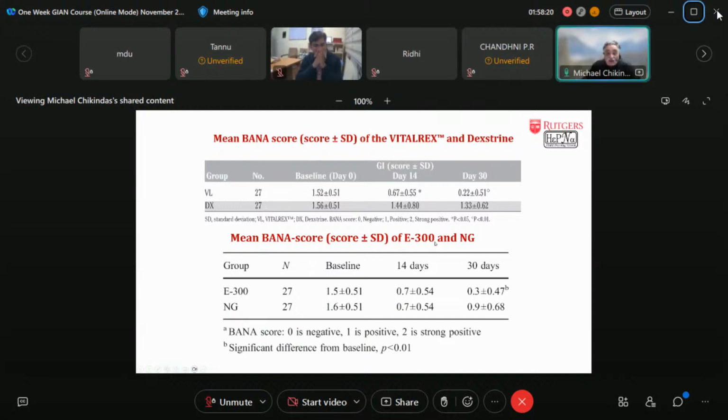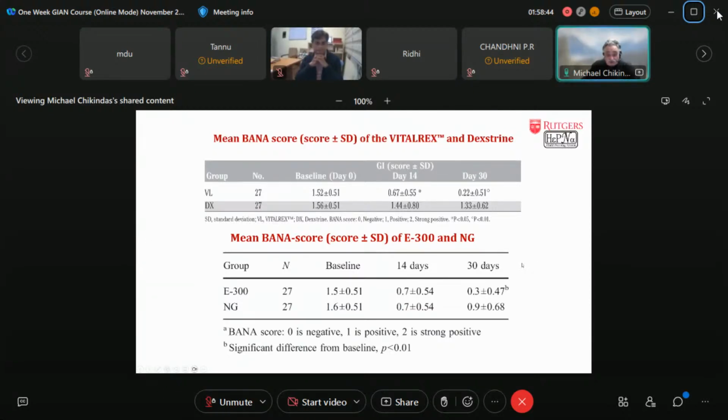All right, the E300, which is the mouth rinse, supposedly the fermentate of the Bacillus subtilis. And again, we can see here 14 days and 30 days of E300 compared to the negative control. Again, we see very good performance.